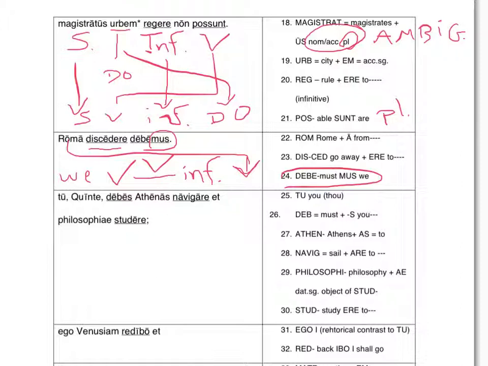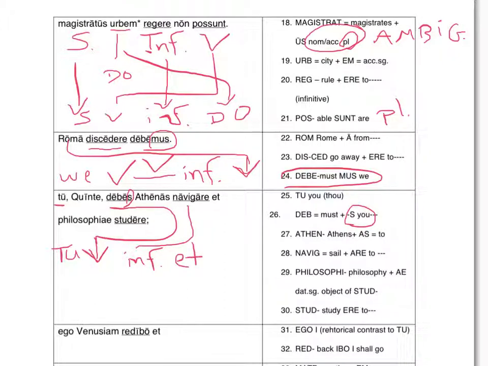Then he directly pays attention to Quintus, to you. Debes, same verb as before, but with this ending, which I say here means you. So the subject is you. The verb comes next. That's debes. And what he must do is, number one, infinitive, navigare, and number two, infinitive, studere.